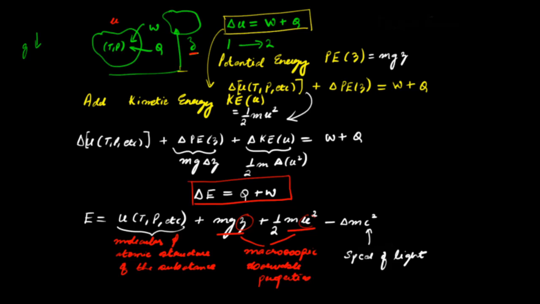And note that we have a minus sign over here because delta m is negative. So if you include this term for, let's say, a nuclear reaction such as a fission reaction, then you will have this additional term, and then again you can apply the first law of thermodynamics, where the left hand side now has the total energy and not just the internal energy.